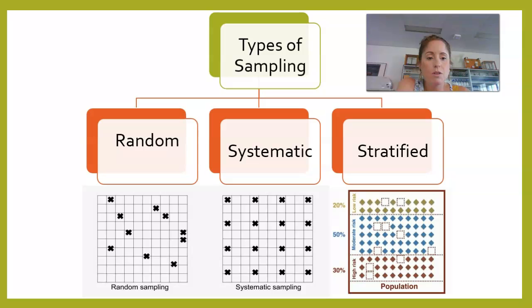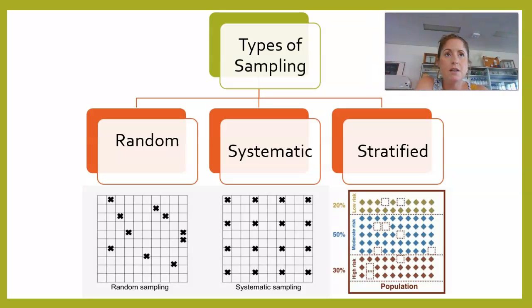Those are the different ways of measuring diversity, but we have to be able to sample a population or a community to figure those out. There are 3 types of sampling. We're really only going to focus on 1 or 2 here.